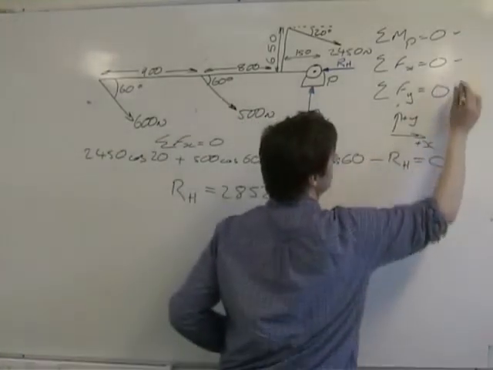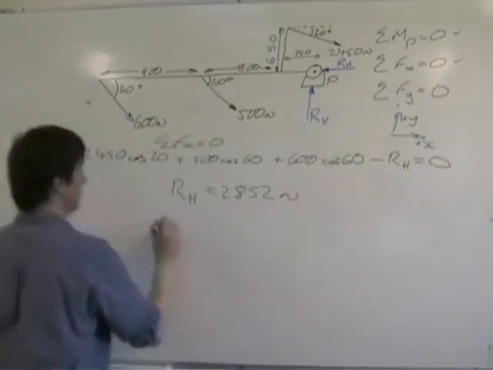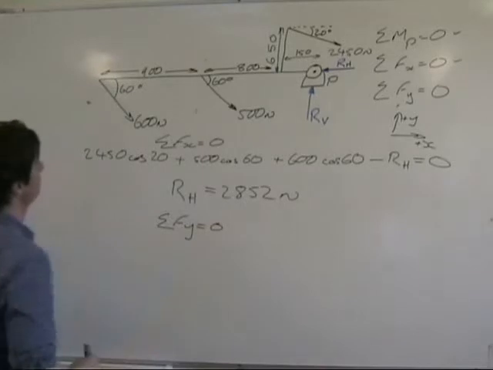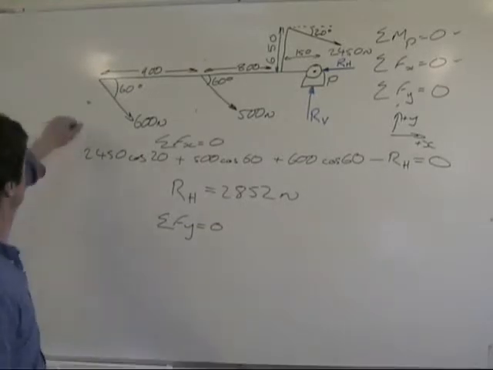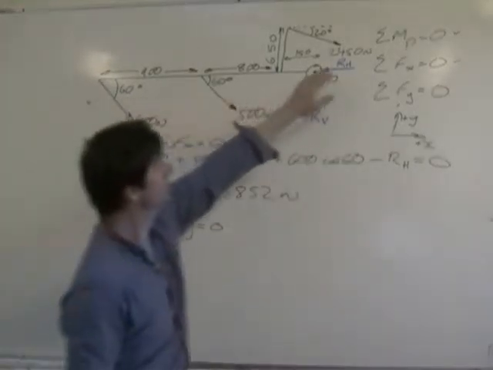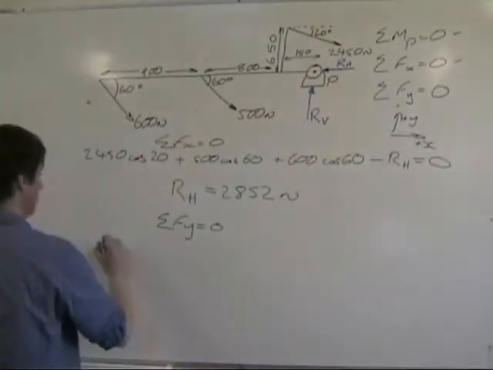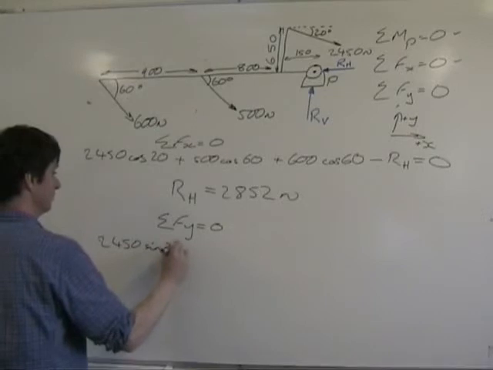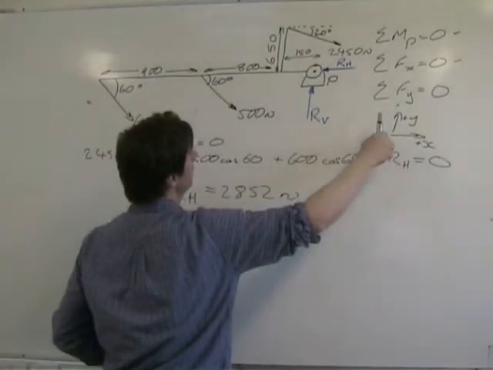So now use this formula. The final step is to use the sum of the forces in the y direction equals 0. So we have 2450 sin 20. Now it's acting down the way.